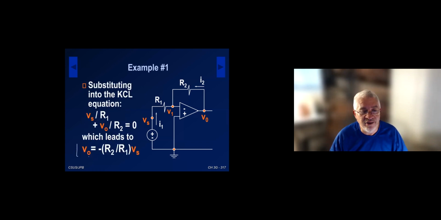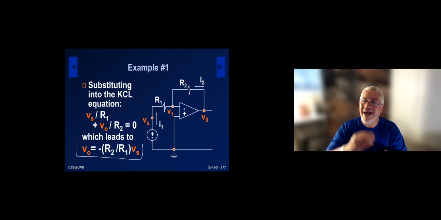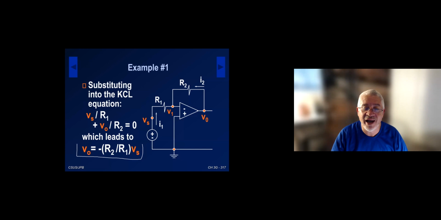You get V naught equals minus R2 over R1 multiplied by the input voltage Vs. This is why they call it an inverting amplifier, because of the minus sign. By choosing the ratio of those two resistors, R2 over R1, we can decide how much amplification we have in this op-amp circuit.